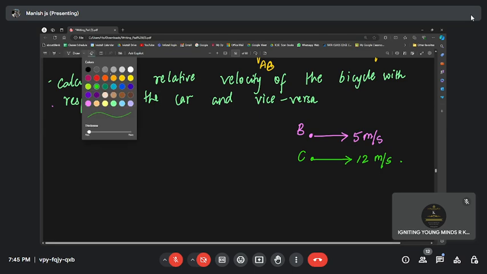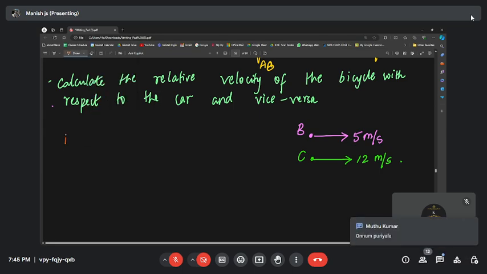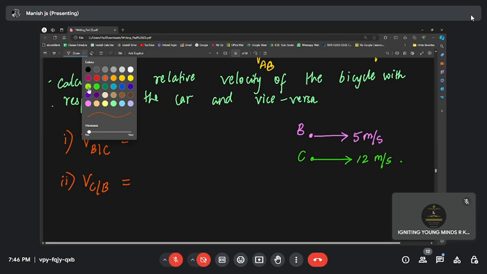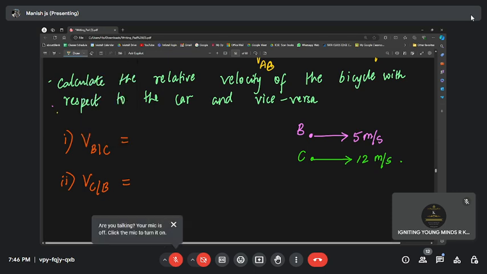Now in this case, you will have to find out first the relative velocity of the bicycle with respect to the car, and second, the relative velocity of the car with respect to the bicycle. VBC and VCB should be calculated. So how can we calculate VBC? Based on the explanation I gave you before, what is the first expression that needs to be written?